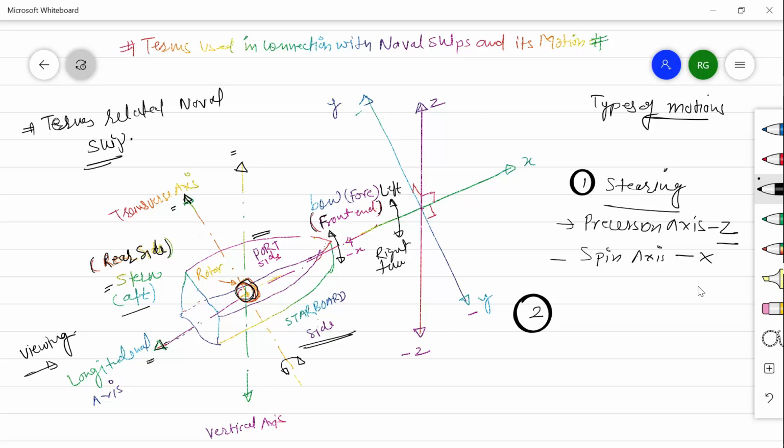This motion is happening in the xz plane.